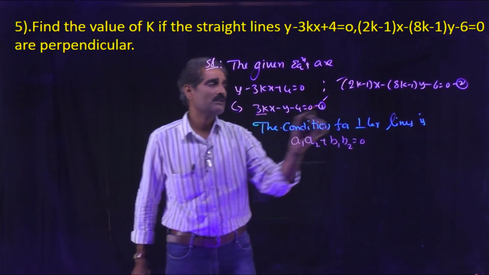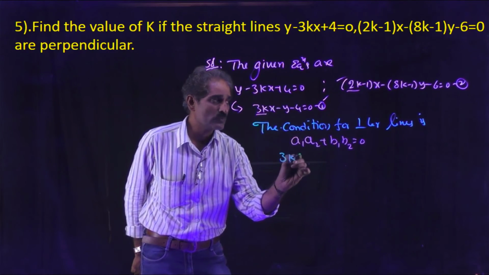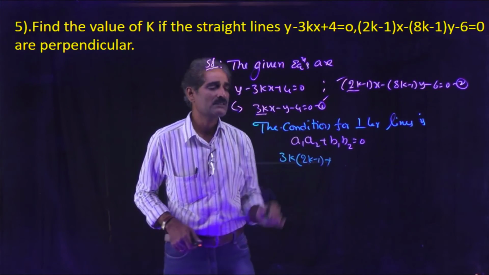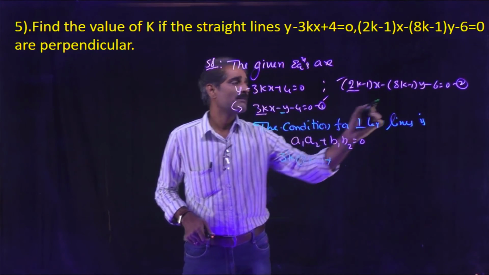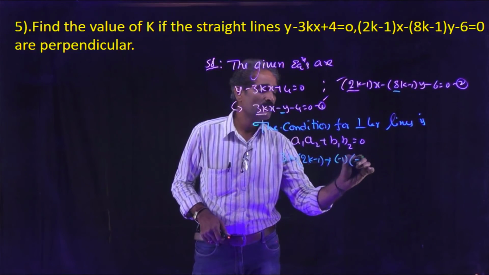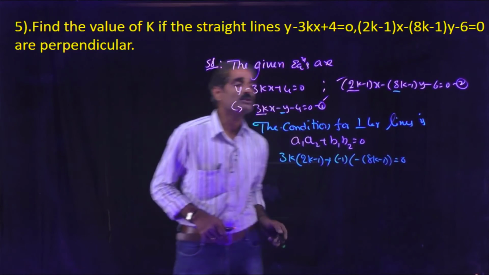Here a1 a2 means 3k into (2k minus 1), plus b1 b2 means minus 1 into minus of (8k minus 1), is equal to 0.